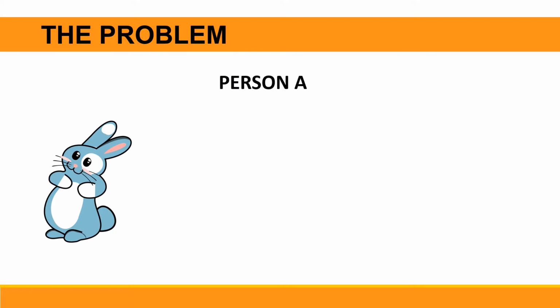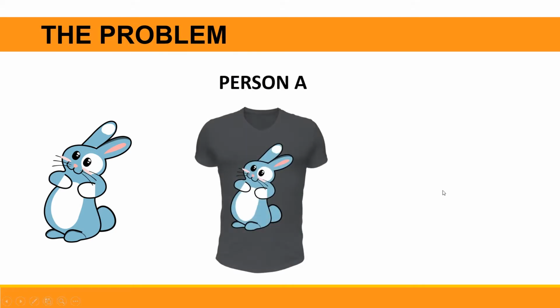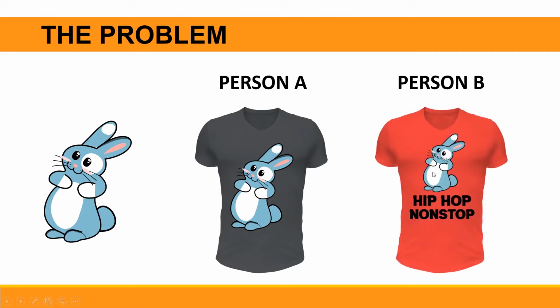So person A comes and uploads this design on a t-shirt or maybe any other product, and let's say they upload it on Redbubble or maybe Merch by Amazon. They got it from a free website, from a free source. Let's say there is a person B, or maybe you, and you come and upload the same graphic, and maybe add a little bit of text along with it and upload it on the same platform, let's say Redbubble.